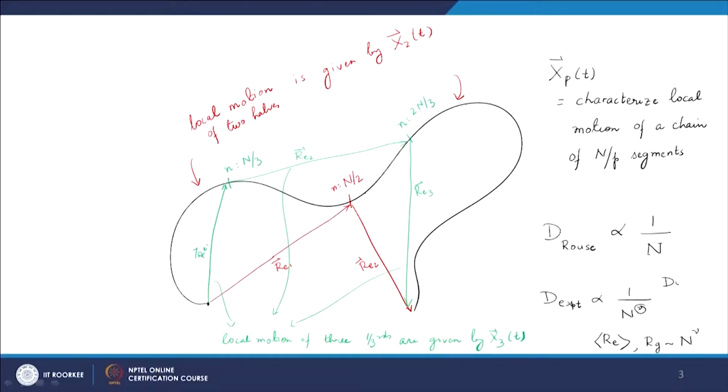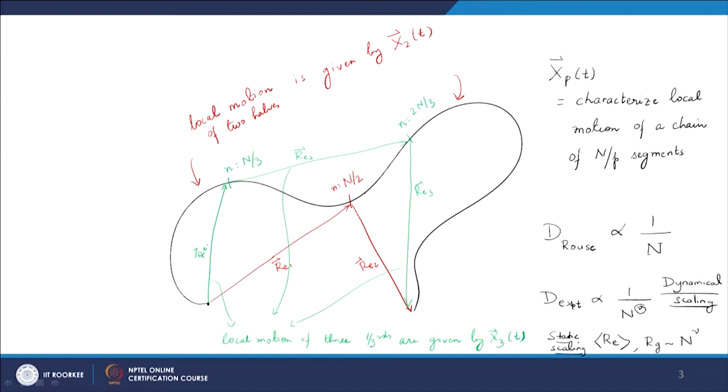Those scaling laws do appear again in diffusivity, and this is what is referred to as dynamical scaling. And what we had earlier is referred to as static scaling.